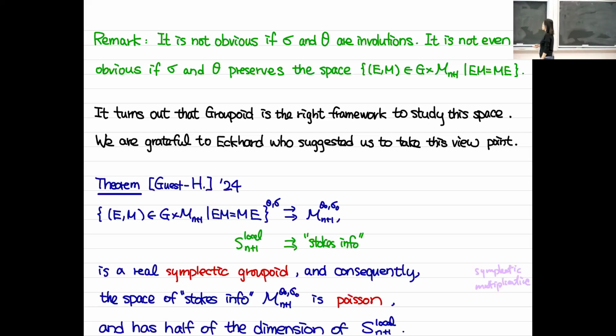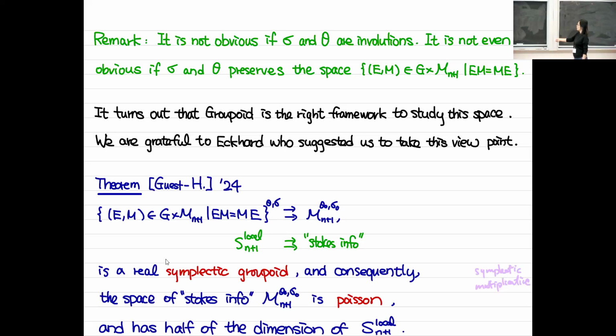So the result is as follows. We show that if you consider the space of all local solutions, this is S local, described as such with this restriction over the set of all the Stokes information, so M is all the Stokes, QQ pi, then this in fact is a symplectic groupoid. It's real.